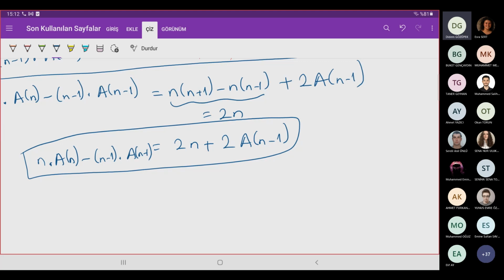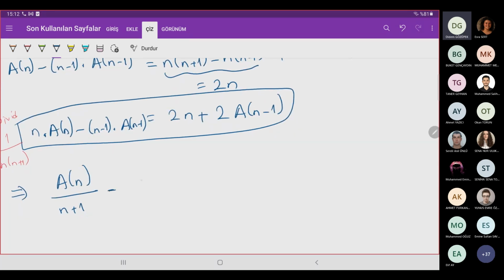Now I divide everything by n plus 1, or multiply by 1 over n plus 1. So it means a(n) over n plus 1 minus a(n-1) over n is equal to 2 over n plus 1, okay?